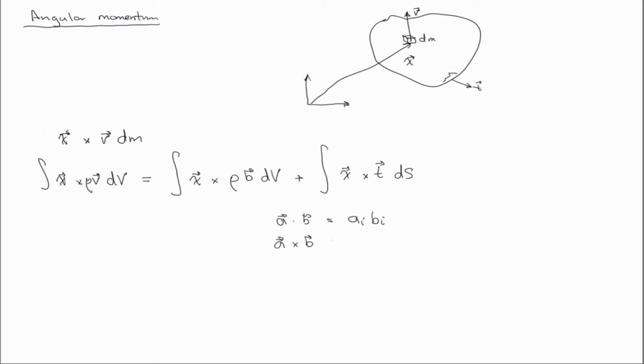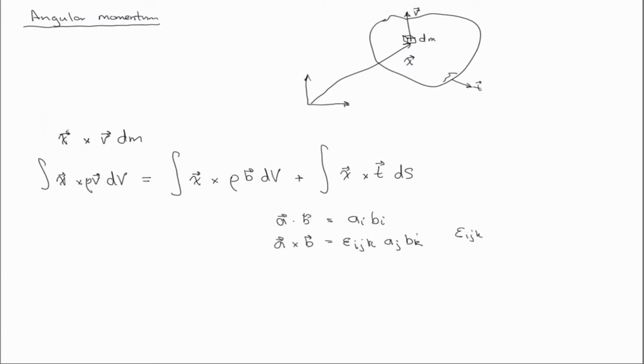So in order to do this, we introduce a special tensor called the permutation tensor. And it's a third order tensor that has components i, j, k. And I'll tell you what it is in just a second, but we would write A cross B as epsilon ijk a_j b_k. And so what is that guy?